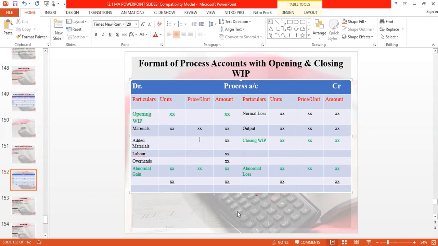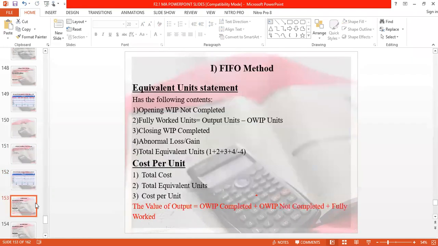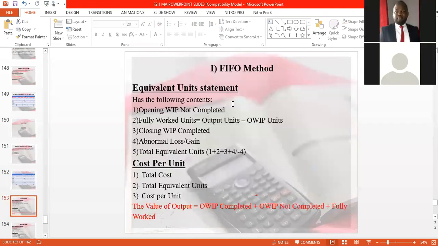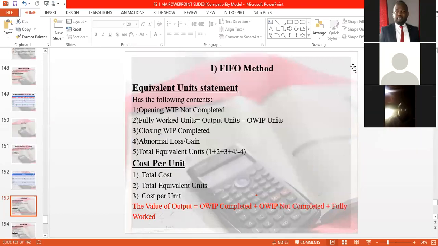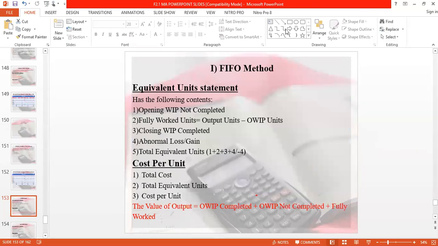Okay, so let's continue. If we start with the FIFO method, of course, you start with the equivalent unit statement. Whenever you see me quiet, I'm just trying to sort out some people here. The equivalent unit statement has the following contents. Take note of what I'm explaining.